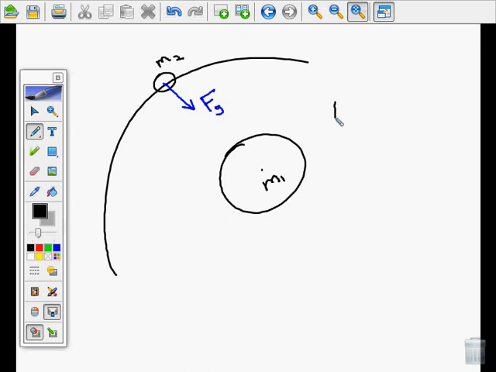So when you write F sub c equals m times a sub c, it's going to be F sub g equals m v squared over r.